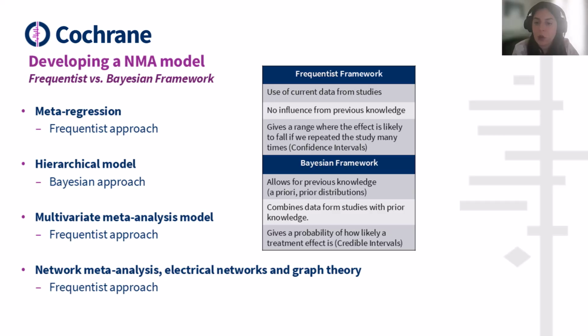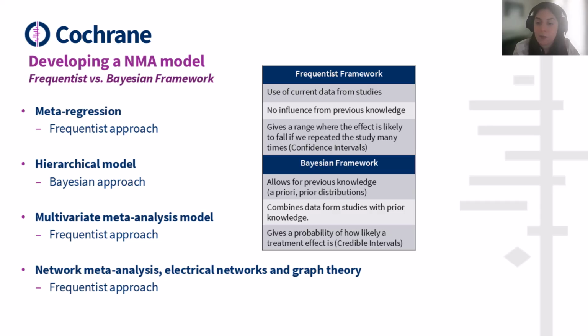A frequentist model only uses the current study data. It assumes that the treatment effect is fixed and gives us a confidence interval, like saying we are 95% confident that the true effect of A versus B treatment lies between 0.5, let's say, and 1.5. A Bayesian model, on the other hand, starts with what we already know, and this is called prior knowledge, a prior.